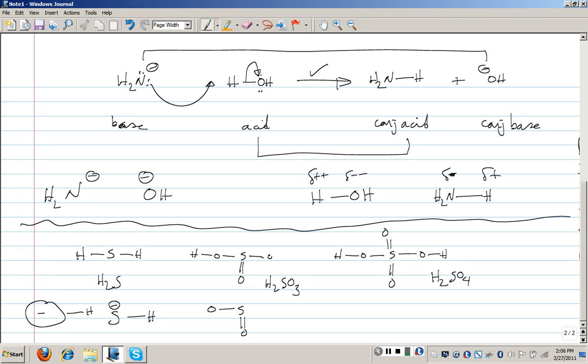This is H2SO3, I'm sorry. When I deprotonate the sulfurous acid, although the minus charge is on a smaller oxygen, I do have the option of resonance. And resonance here gives rise to not just one resonance form, but two resonance forms that are equivalent.